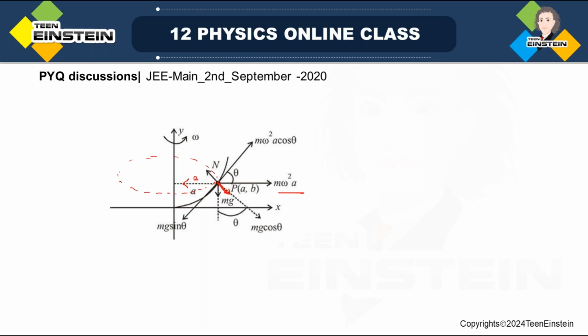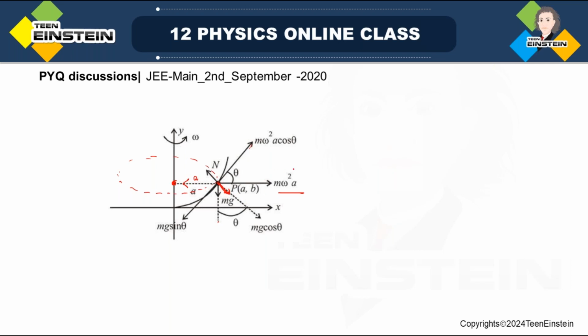At the same time, its weight mg acts vertically downward. If I draw a tangent at this particular position, the tangent makes an angle theta with the horizontal line along which the centrifugal force acts. The centrifugal force acts in this direction because the centripetal force acts toward the center of the circle.